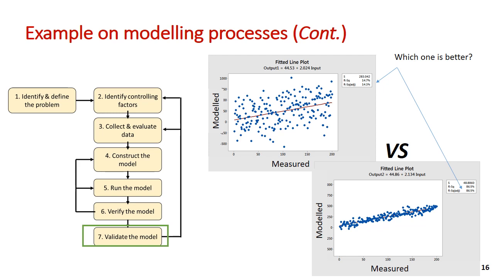Because you would see that the measured and the model results are all clustered in a straight line. In case the relationship is not good, or the modeled results are still far away from the measured results, then you would need to optimize it.